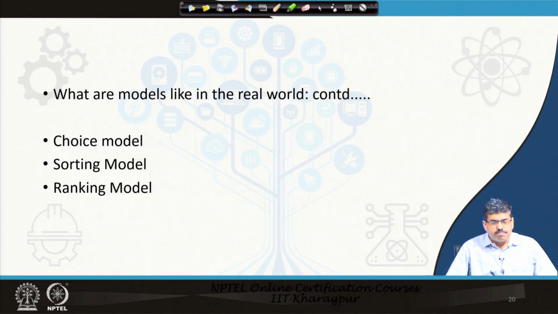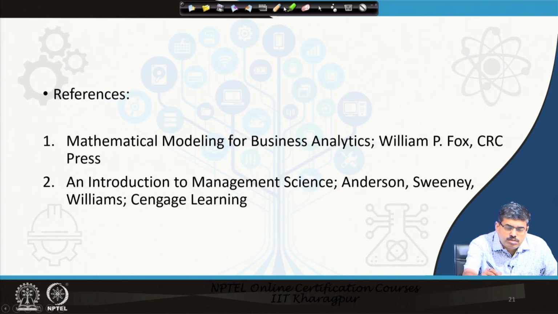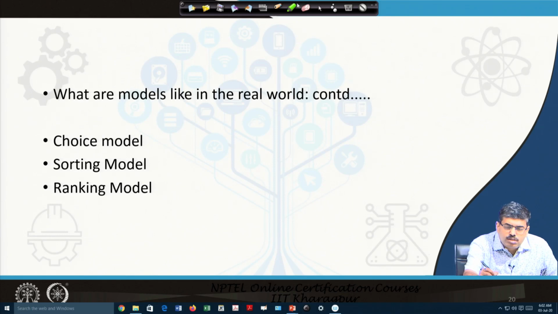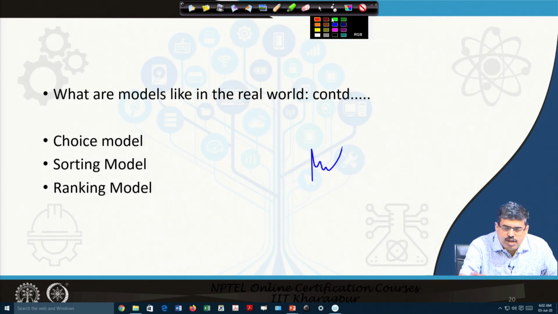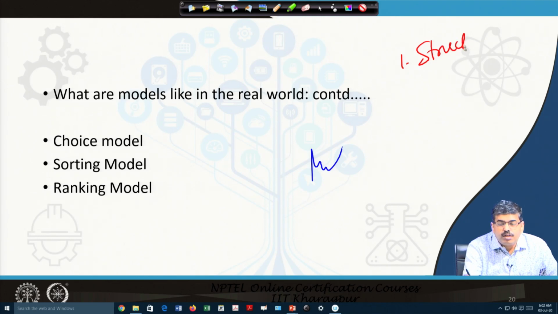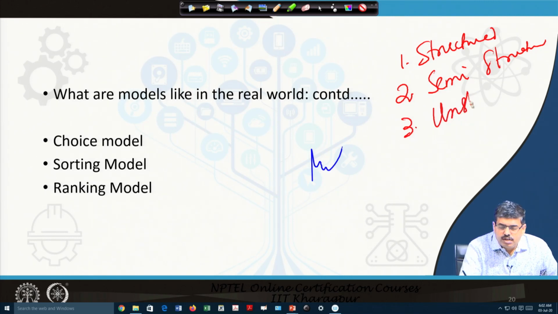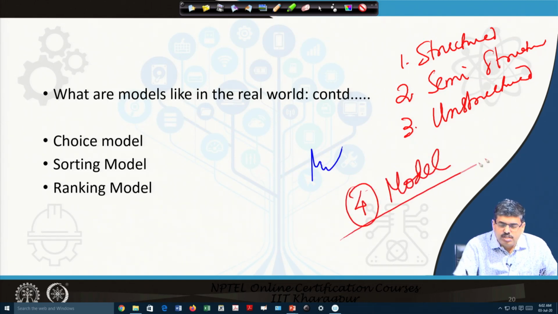What have we learned in summary today? In summary, we have learned what is a structured problem, what is a semi-structured problem, and what is an unstructured problem, and fourth, what is a model.